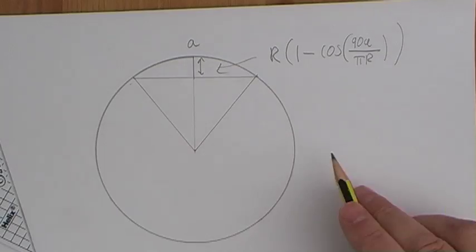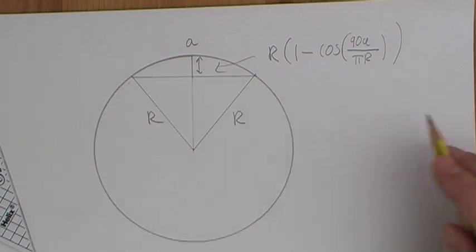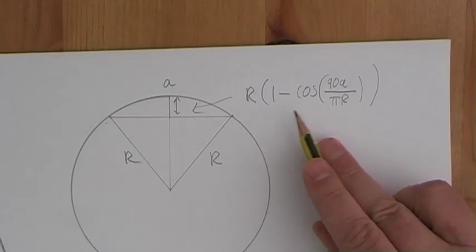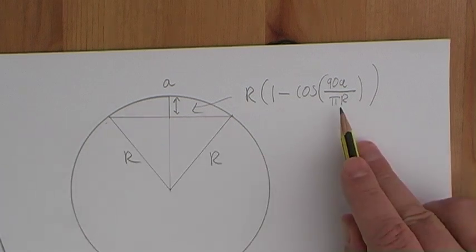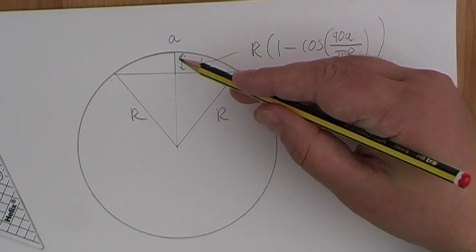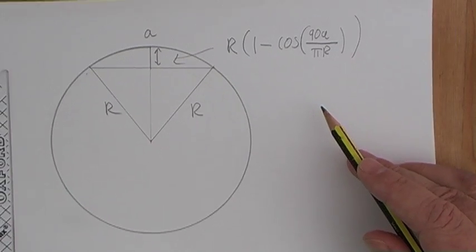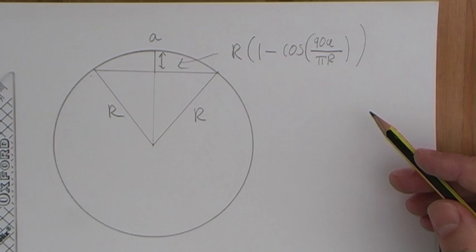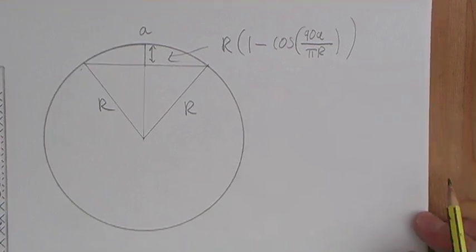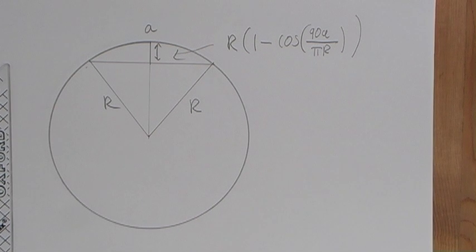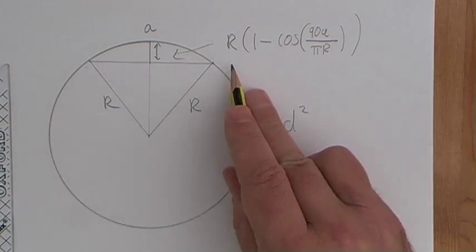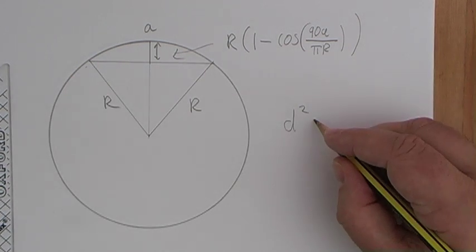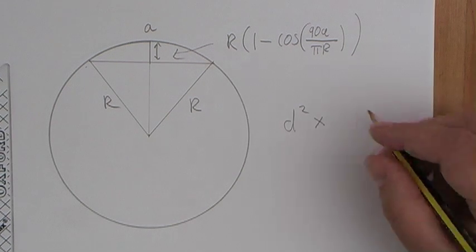So you do r, the radius of the sphere or the Earth, in brackets, 1 minus the cosine of 90 times that length there, a, divided by pi r, and that'll give you that distance there. Now that's a horrible looking formula, and that one also simplifies to a nice neat little rule of thumb that works for small distances. It'll give you a good answer even up to about 100 miles, which is d squared, with d the distance between the 2 things in miles, times, now not 8 inches, it's times 2 inches.